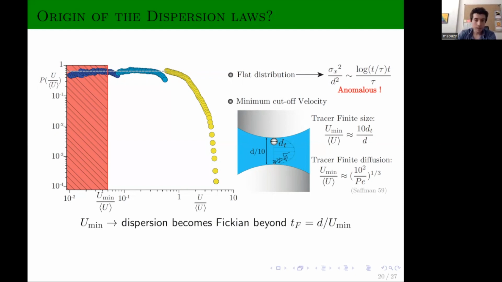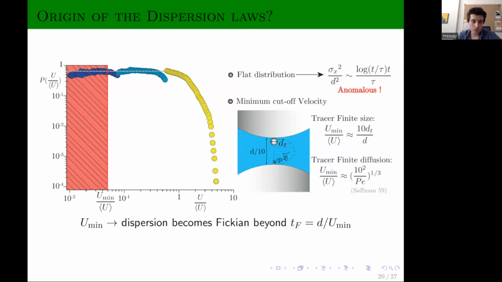So in the end, the important thing to remember here is that you always have in your experiment a minimum cutoff velocity, U min, which will set the range of velocity which is prohibited from being explored in your system.